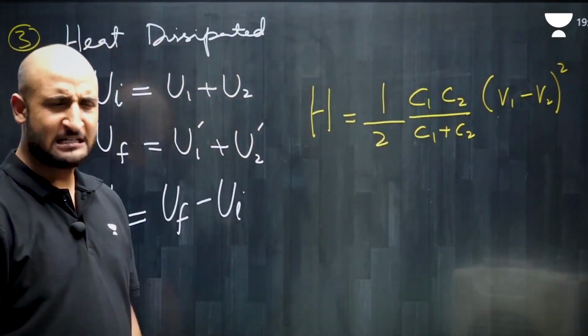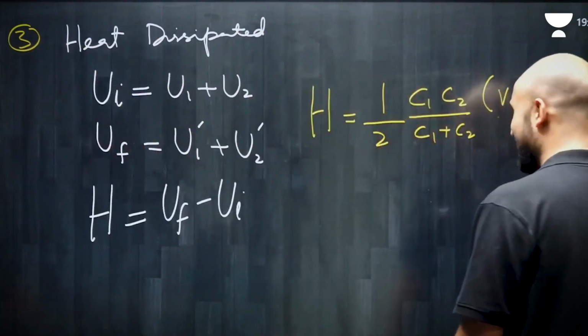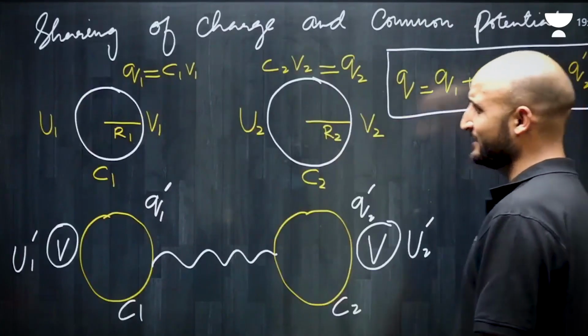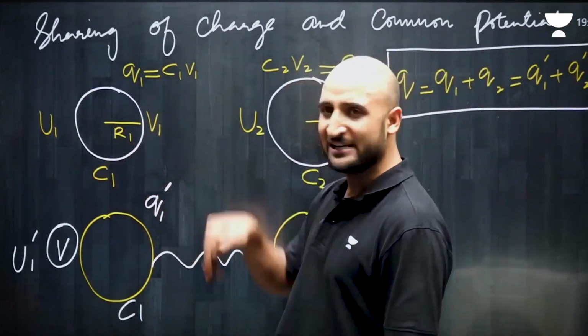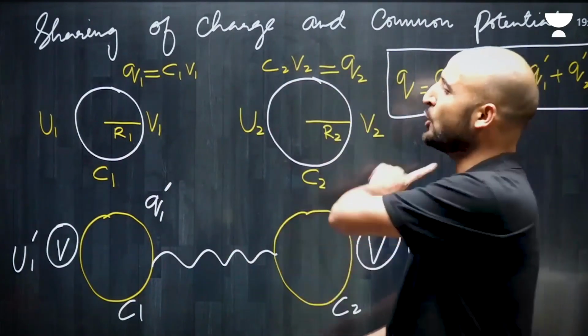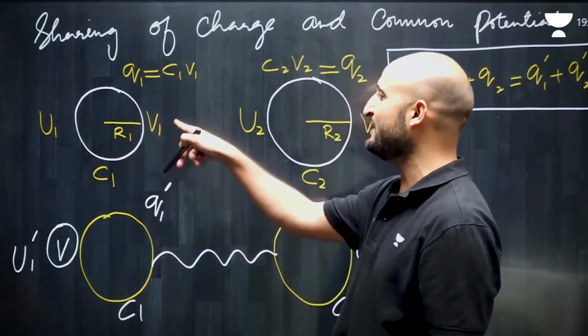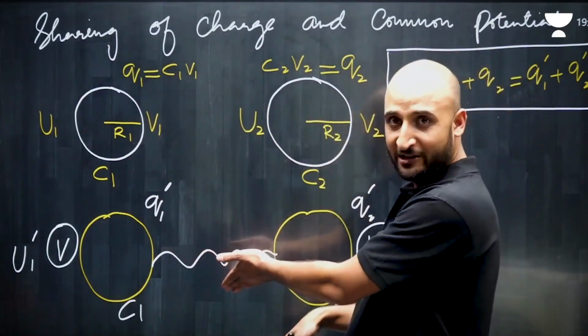You may wonder, sir, how you got this equation? It is very simple. I don't want to derive it because that's not required. U1 will be equal to 1 by 2 C1 V1 square. U2 will be 1 by 2 C2 V2 square. Total energy will be 1 by 2 C1 V1 square plus 1 by 2 C2 V2 square. And similarly, you do it for the final state.